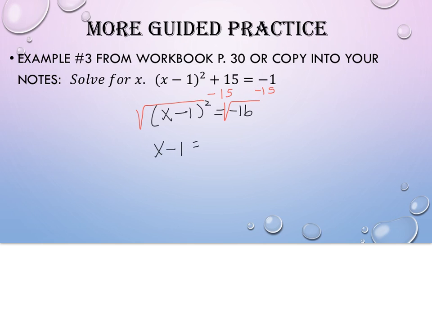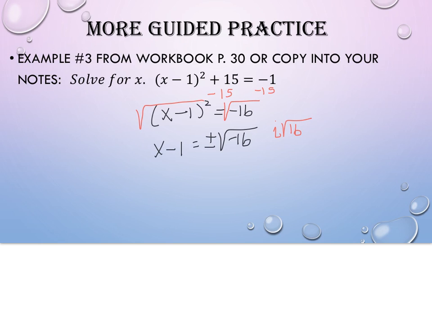On this side, I have a negative 16 underneath the radical. So first of all, I'm going to have a plus or minus, but I have to take care of the negative 16. And if you remember from earlier, the square root of negative 16 is i times the square root of positive 16.